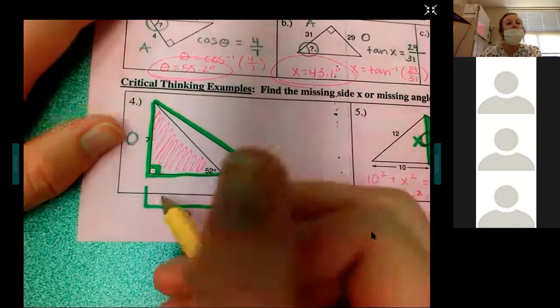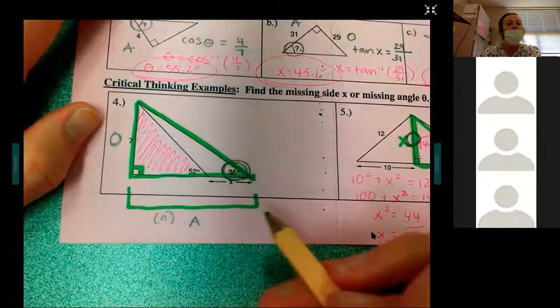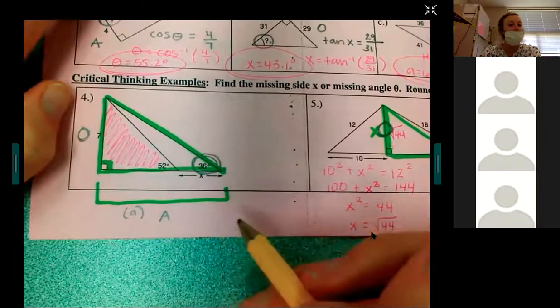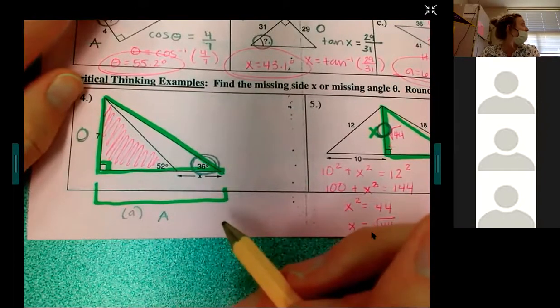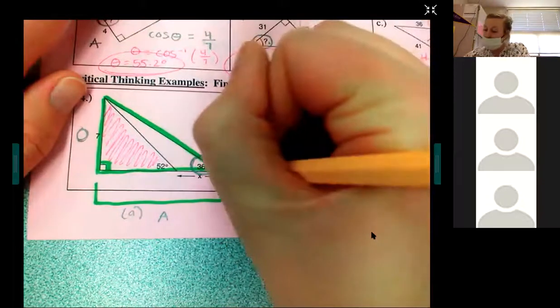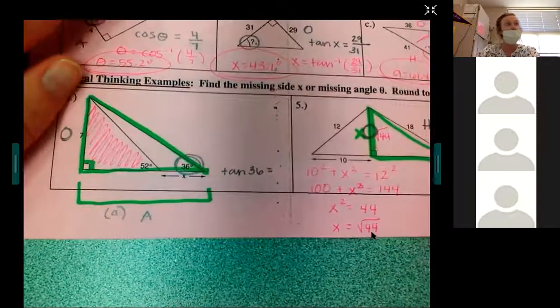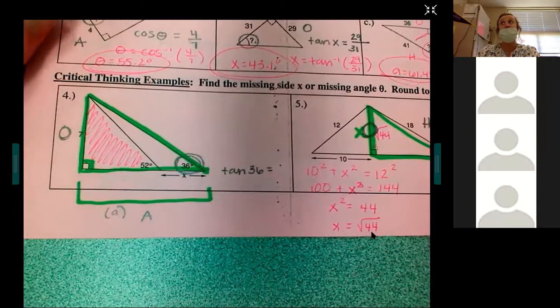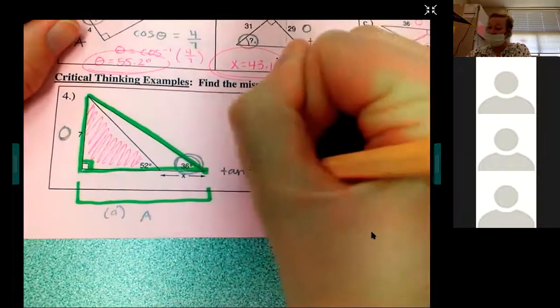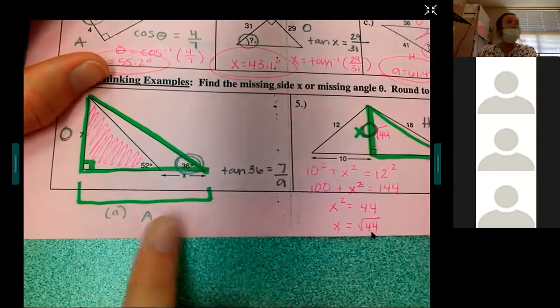All right, so what would this whole length be? What equation could I set up to find A? Tangent of what? 36. Some of y'all look really confused, but I don't know how to help you unless you ask me a question. Tangent of 36 equals 7 over A. Very good. And that'll tell you the whole bottom length.